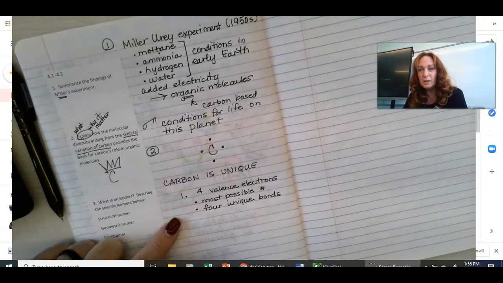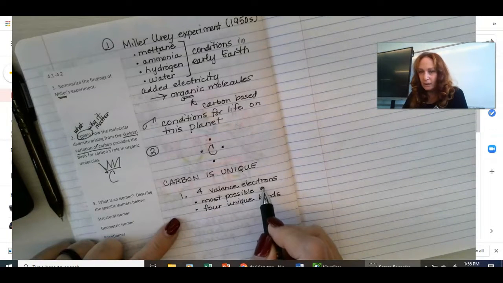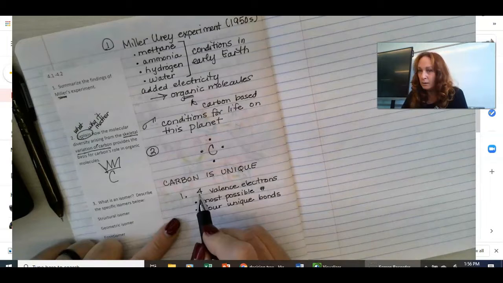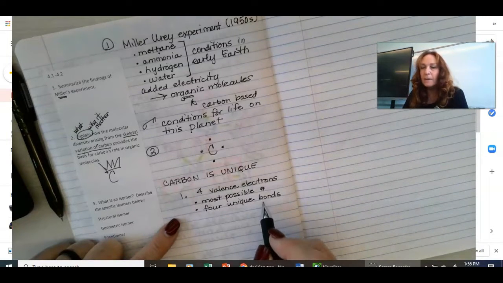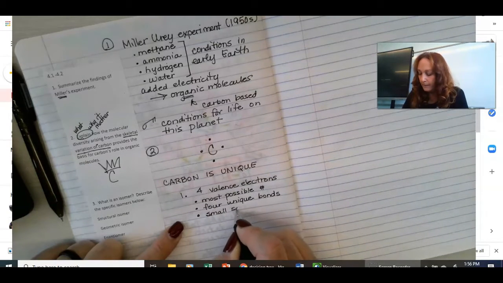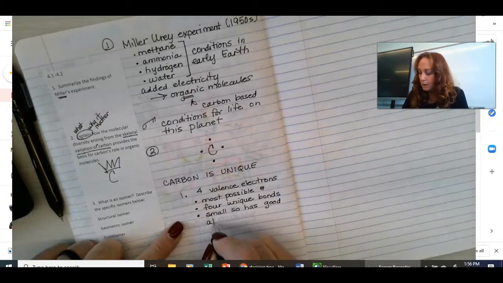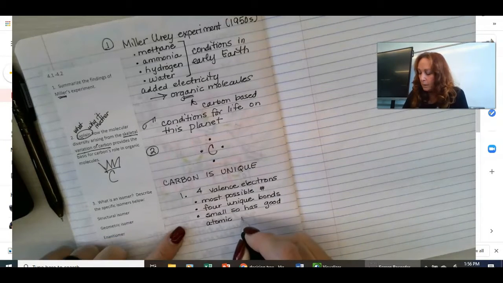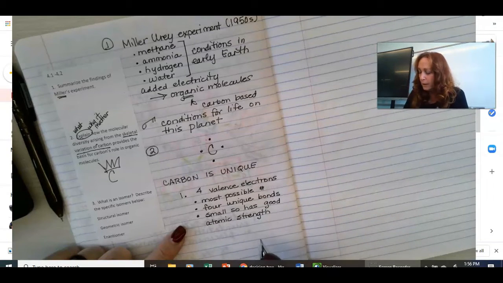Basically, it is the Swiss Army knife. It can do just about anything. Because it has 4 valence electrons and it's small, it's going to be able to make 4 unique bonds that are stable. It's small, so it has good atomic strength.